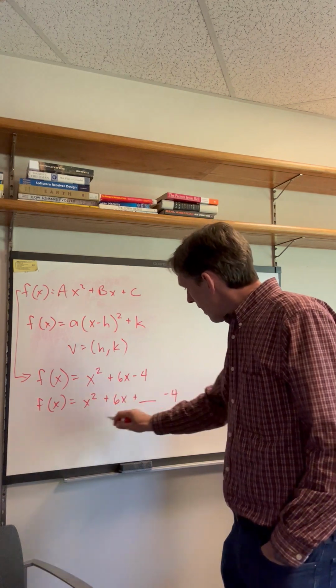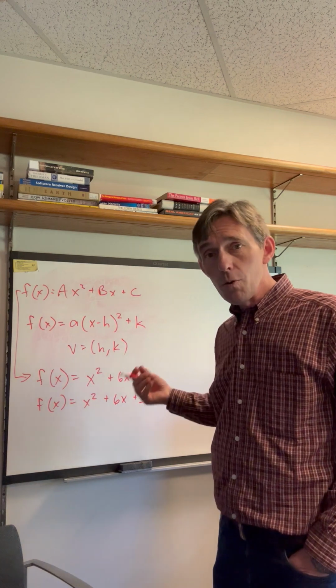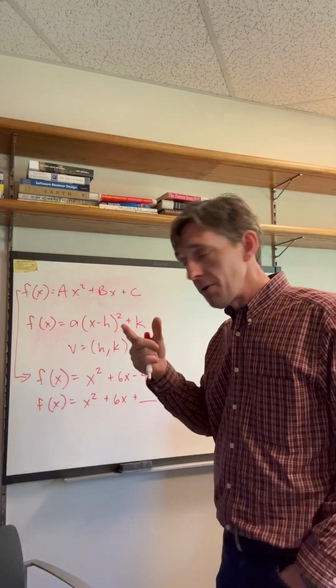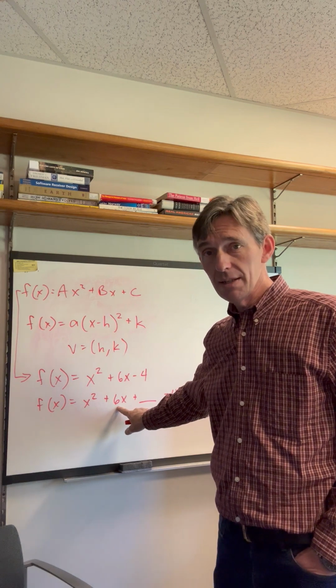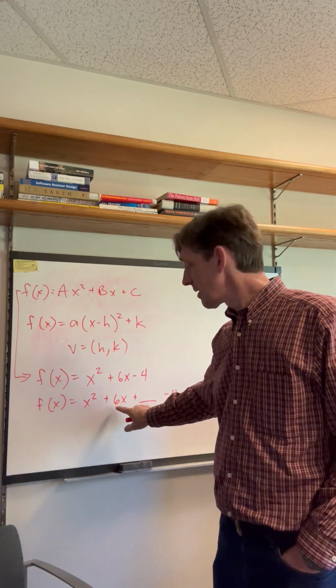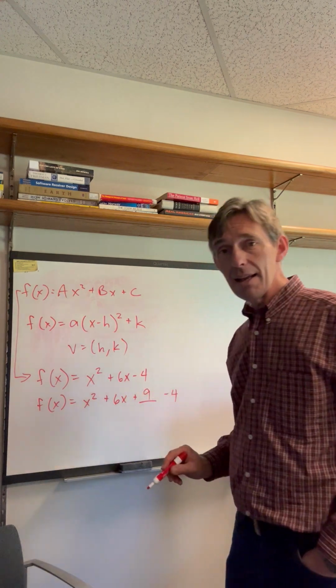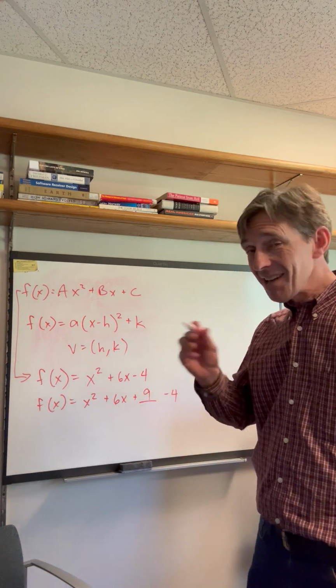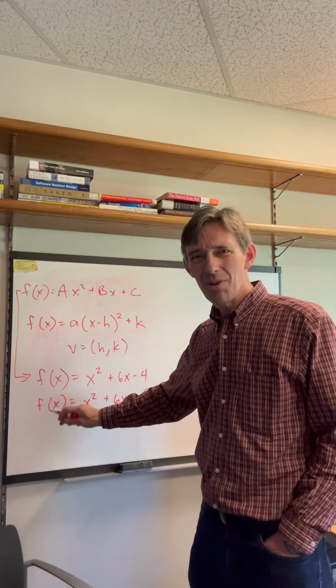So now, ignore the negative 4 for a second. I'm going to look at this bit here and do what I know how to do to complete the square. You know that. Take half the middle coefficient and square it, right? So half of 6 is 3. 3 squared is 9. I add a 9 here, but I can't just add a 9 and leave it alone. I've cheated, right? So I either have to add a 9 over here. Well, that looks ugly.